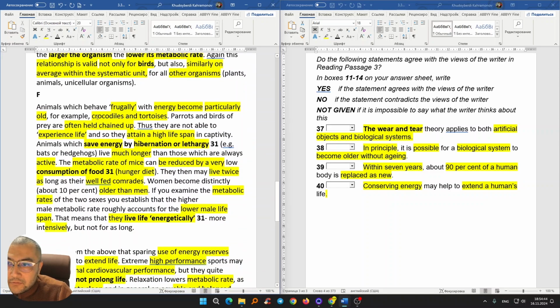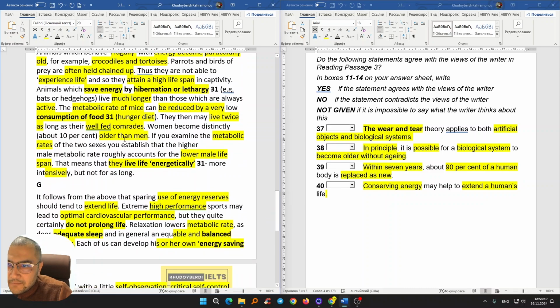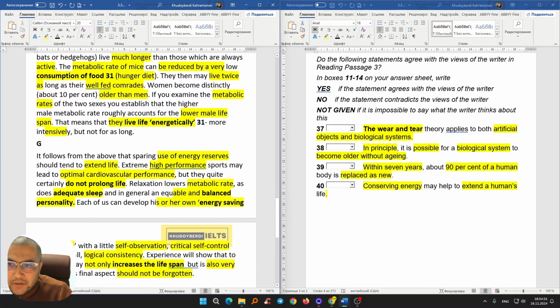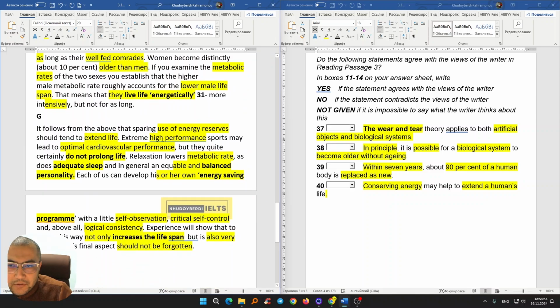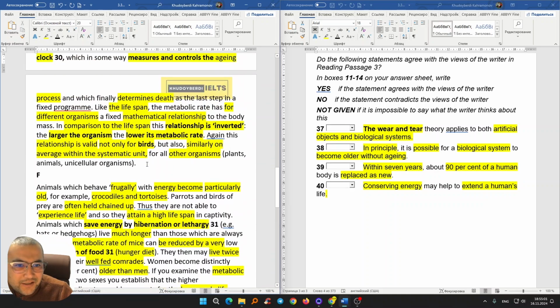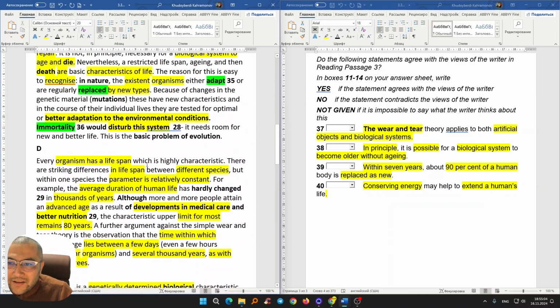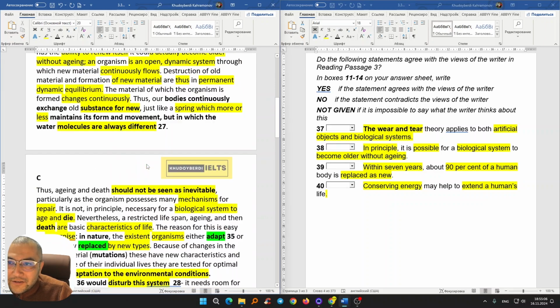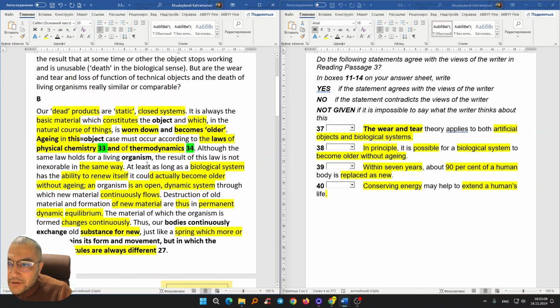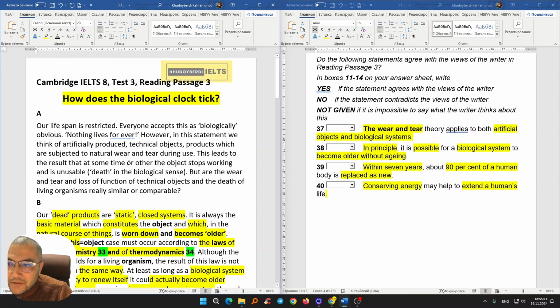That's why I'm looking for the words wear and tear theory. Oh my god, where was it? Wear and tear, where are you? Natural wear and tear. So it's this really. Let's see.